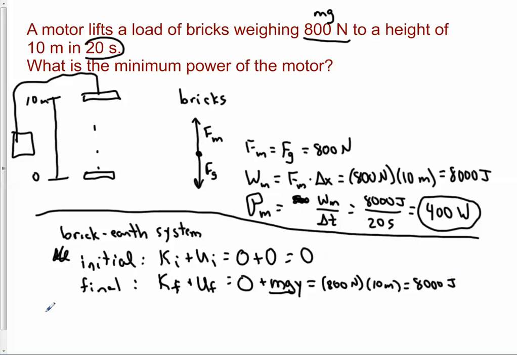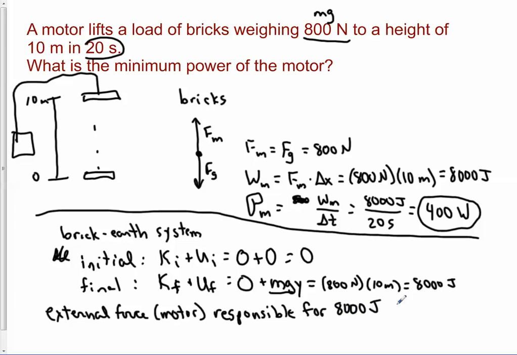And so the external force of the motor must be doing work and giving it that 8,000 joule increase. It went from 0 to 8,000. So the external force is responsible for the change in energy, 8,000 joules of work.